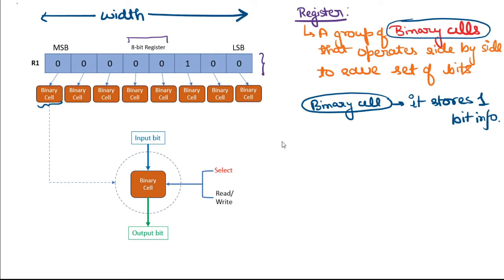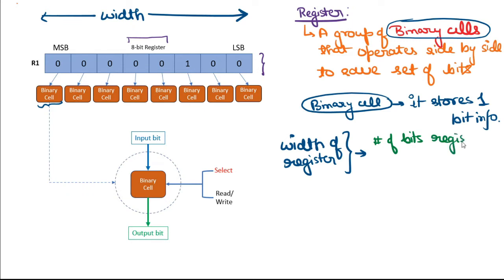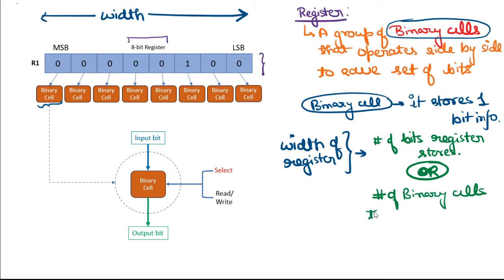So we can say the width of a register is the number of bits the register stores, or we can also say the number of binary cells that combinedly operate side by side.